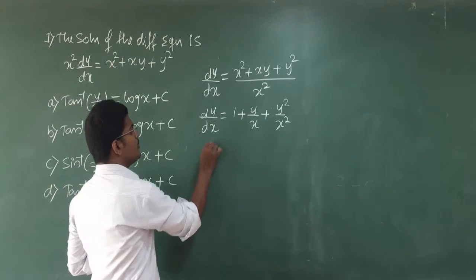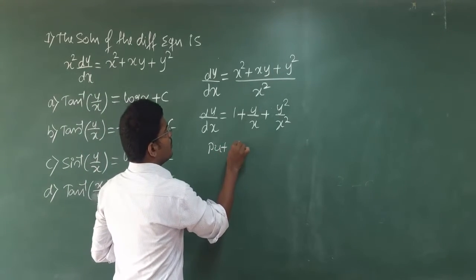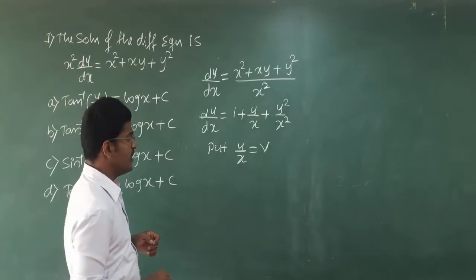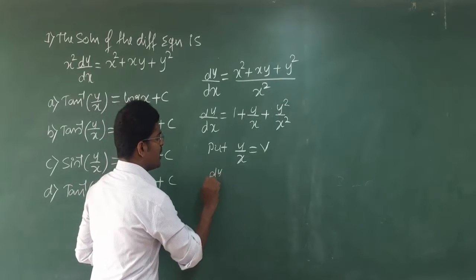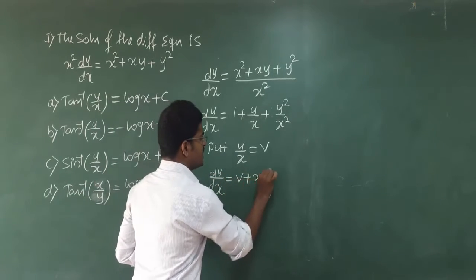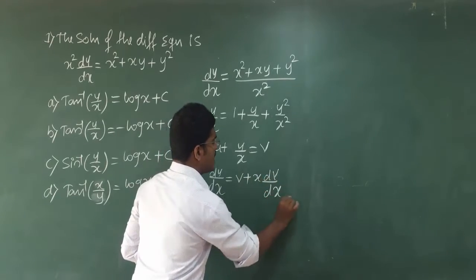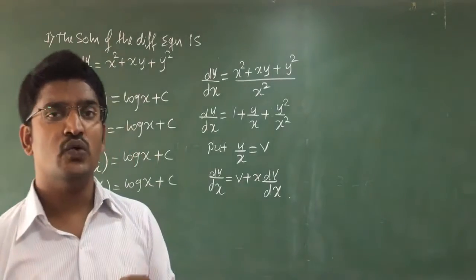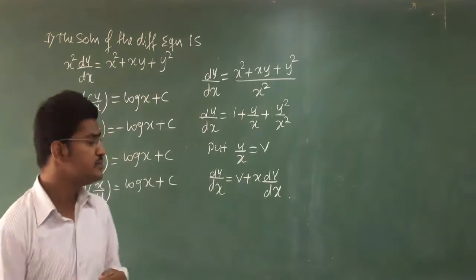For that, put y by x equal to v. So dy by dx will be equal to v plus x into dv by dx. Okay.